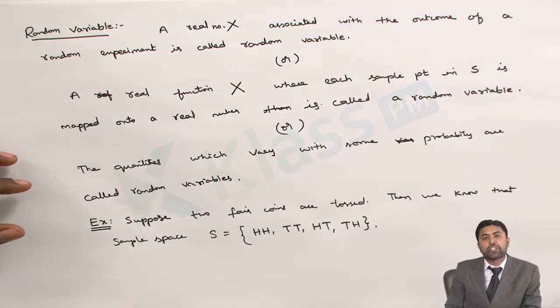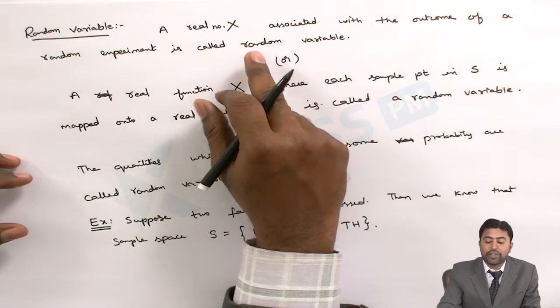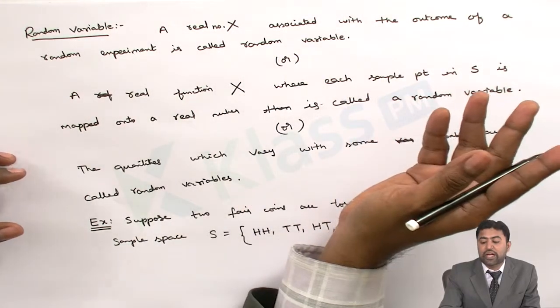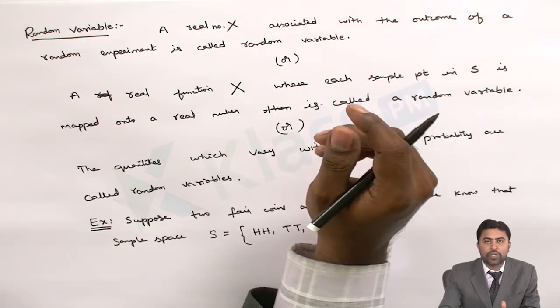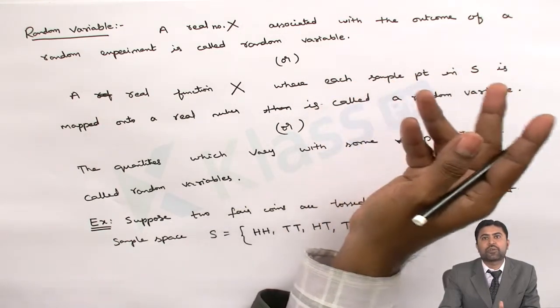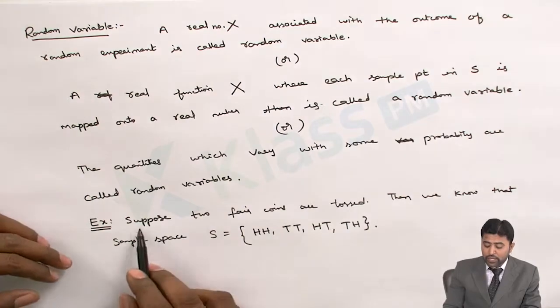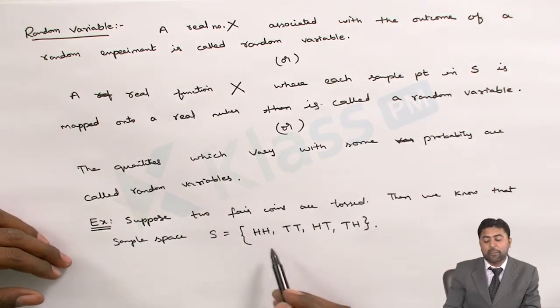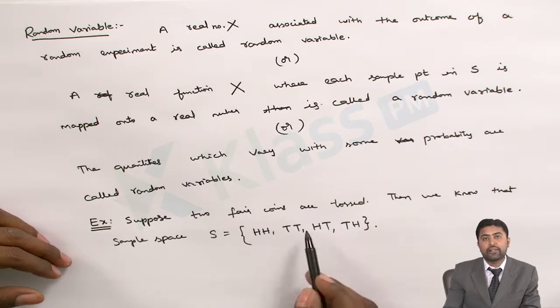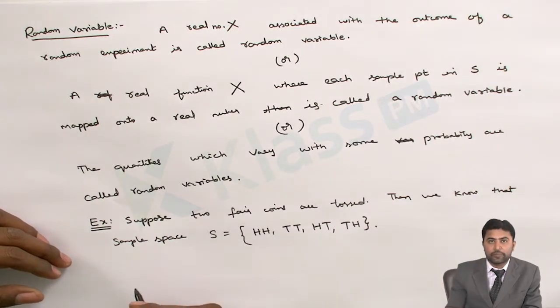Mainly we use these random variables for denotation purposes. What I said here, a real number x associated with the outcome of a random experiment. I can give x equal to 1, x equal to 2, x equal to 3 and so on. Here, suppose that 2 fair coins are tossed, then the sample space is head head, tail tail, head tail, tail head.